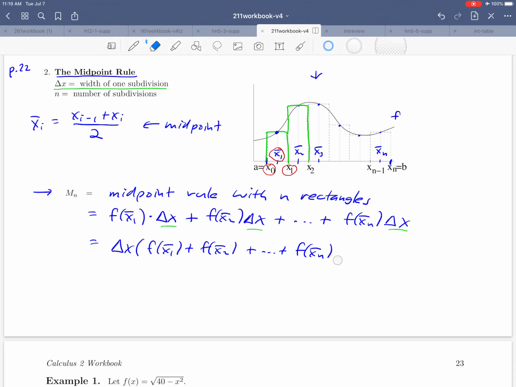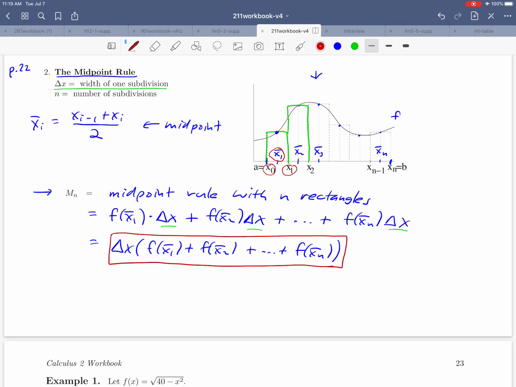All right, and I'm going to box that in. This is a second way of approximating the integral, just using rectangles this way.